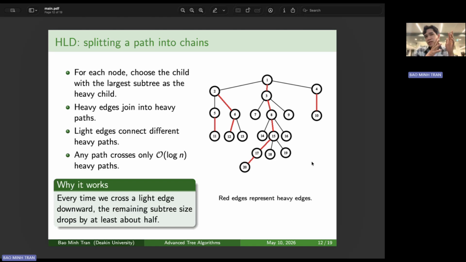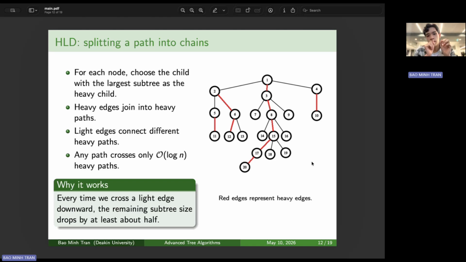Theoretically, the heavy child must be about half the size of the parent's subtree, but for ease of implementation, we can make it the child with the biggest size. So that it doesn't matter.